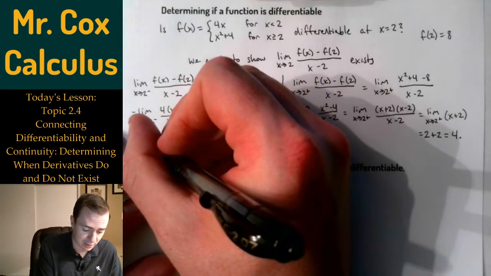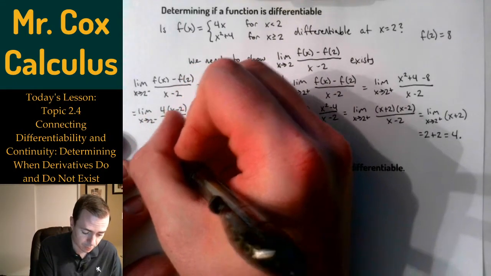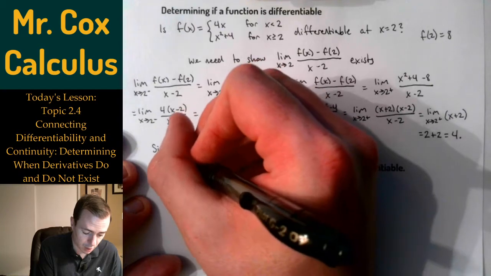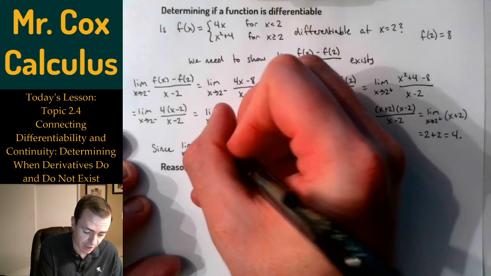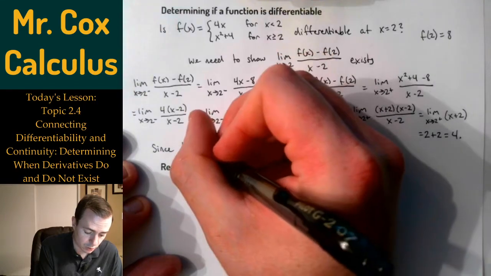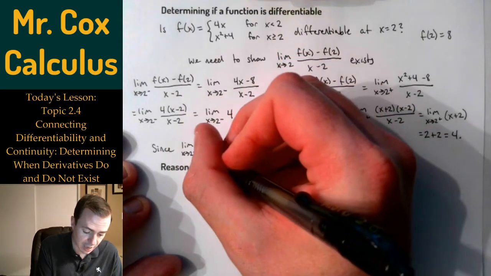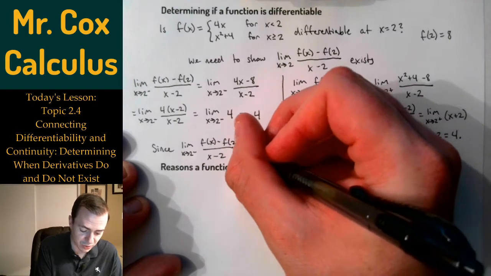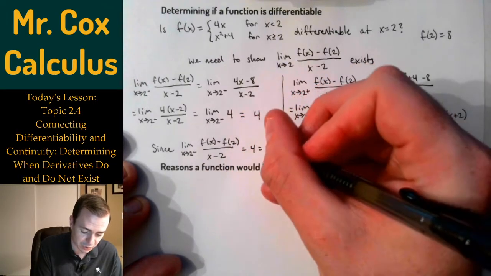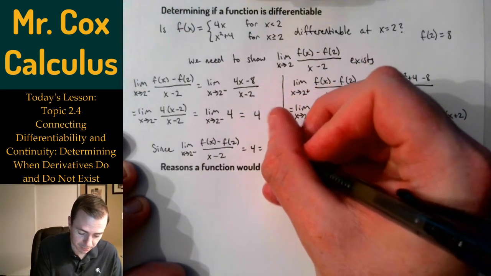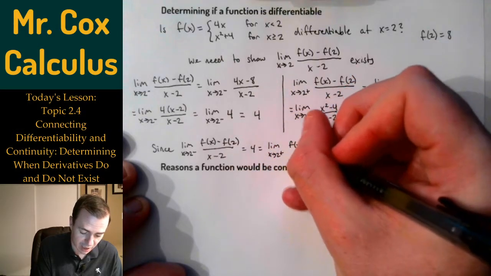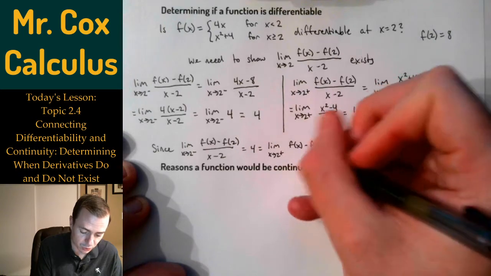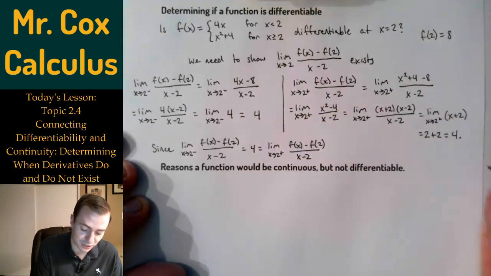And so because the limit as x approaches 2 from below of f of x minus f of 2 over x minus 2 equals 4, which equals the limit as x approaches 2 from above of f of x minus f of 2 over x minus 2.